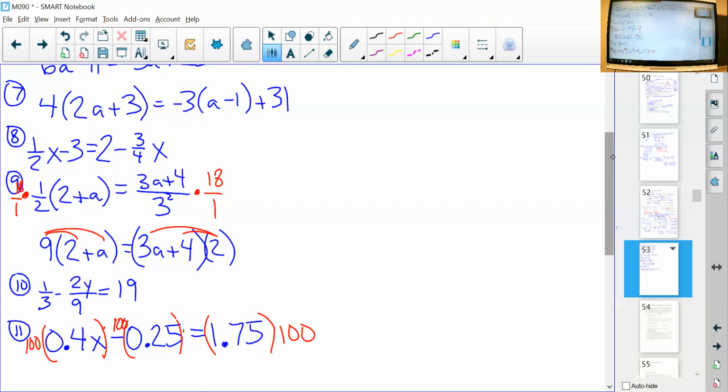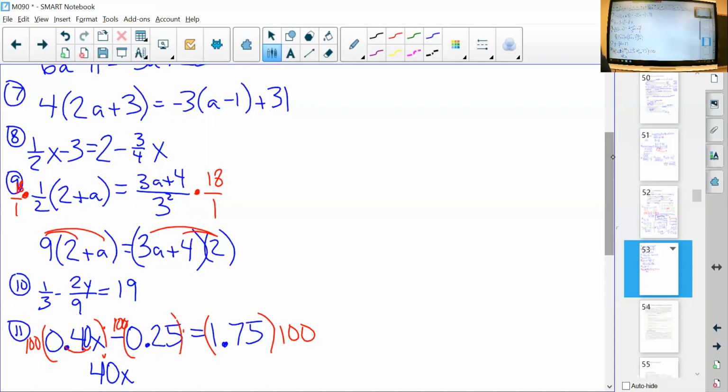So 100 times 0.4x. I take the decimal point, I scoot it over 2 places because I'm multiplying by 100. I can't put it over the x, but I can remember that 0.4 is the same as 0.40. So scoot that over twice, I have 40x. 4/10 is the same as 40 hundredths, right?